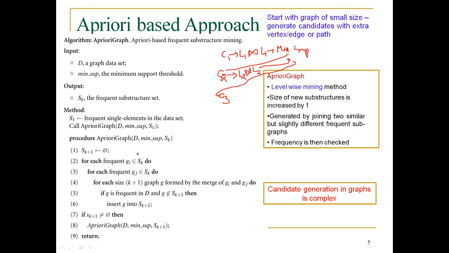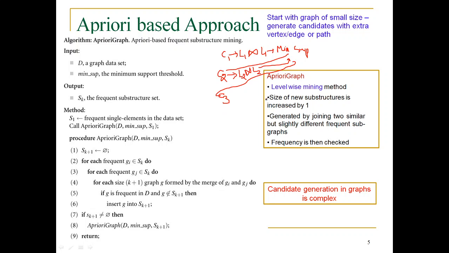We are taking all these single elements and calling Apriori to find the minimum threshold value. This iteration will be done, and we are going to merge all the candidates until the last level, and at the last level we find all the candidates that satisfy the minimum threshold value with a certain pattern.